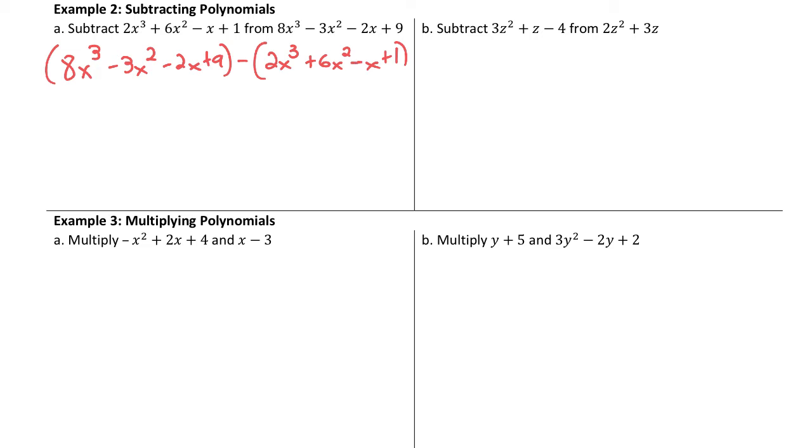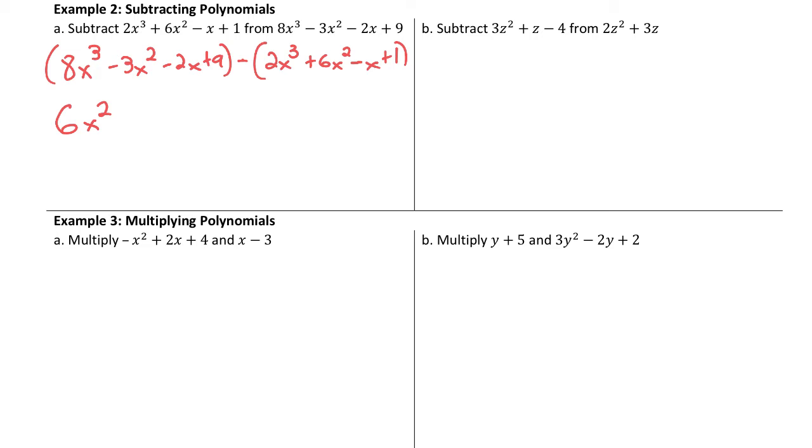Now, it's very, very important that you draw or put parentheses around each polynomial because we are subtracting each term from each like term, okay? So when I do this, I'm going to read it, and this is how I want you guys to read it as you're subtracting. 8x cubed minus 2x cubed is 6x cubed. And I move to the next term.